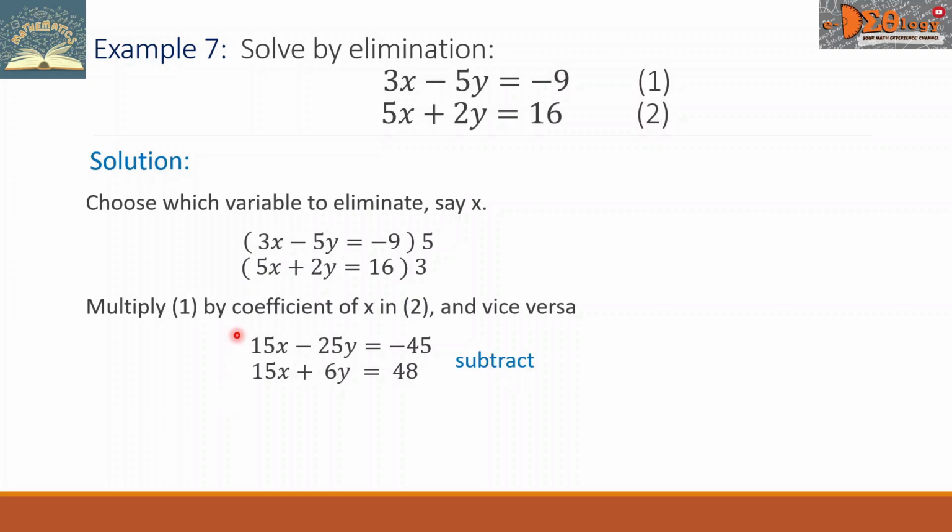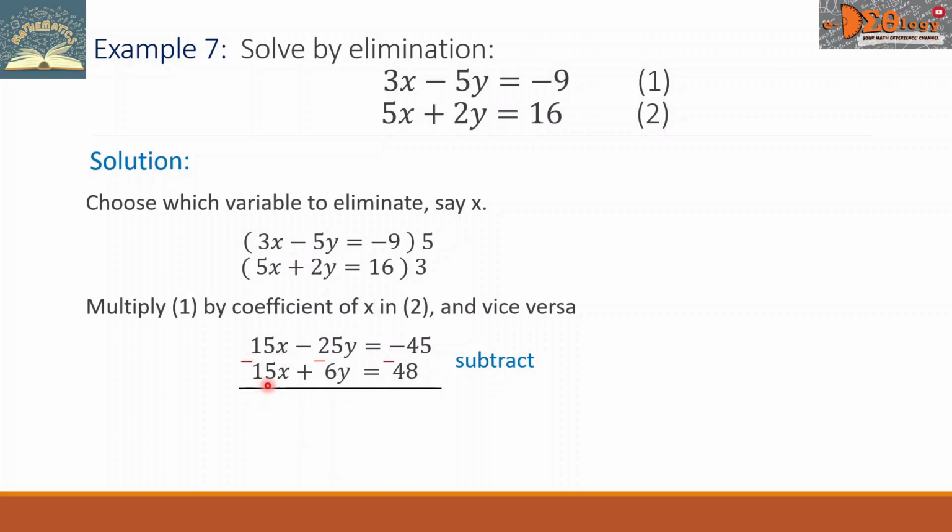In this case, we're going to subtract the equations. When we subtract, we need to change the signs of all the terms of the second equation. This is now negative 15x, negative 6y equals negative 48.